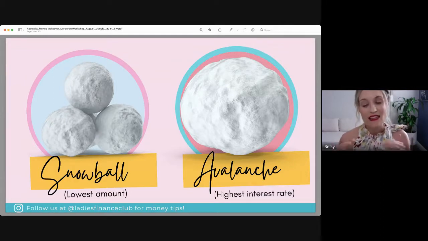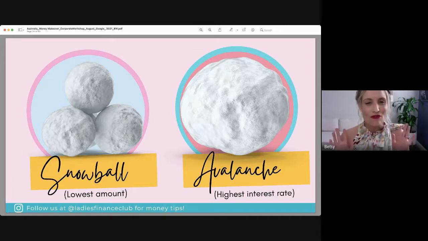And typically the interest rate on your bad debt is above 10%, which is quite high. So any borrowings that you have, typically like credit cards, personal loans, maybe buy now, pay later accounts that have high interest rates or really high fee structures, those constitute your bad debts, and they're the ones you want to prioritize paying off.